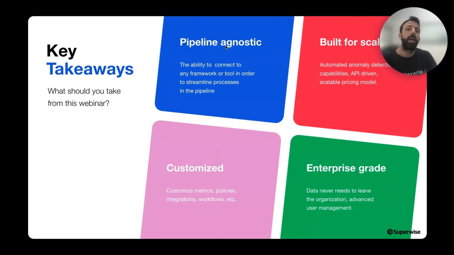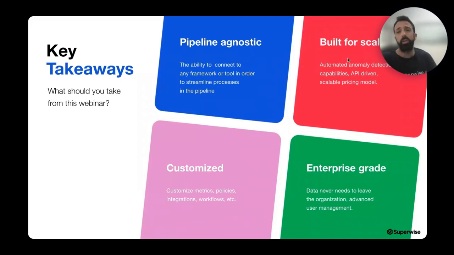Find a tool that is pipeline agnostic. We saw the pipeline, we know that it consists of many tools, and you want to be able to integrate it all to one pipeline that every part can talk with each other and support every framework and tool.